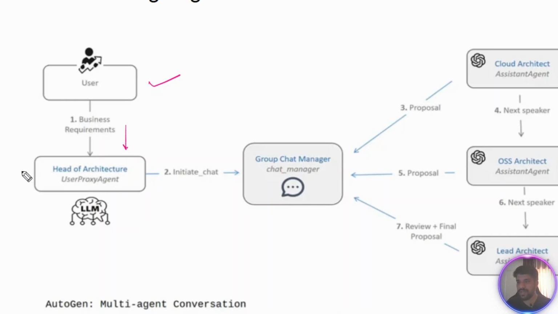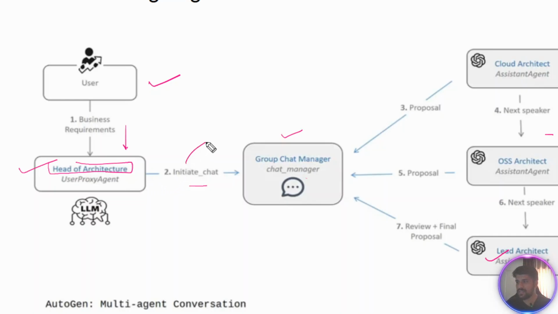We are keeping the proxy agent as the head of architecture. Then it will initiate the chat, and this initiated chat will go to the group chat manager. The group chat manager is a composition of these three agents: one is the cloud architect, second is the OSS architect, and the next is the lead architect.